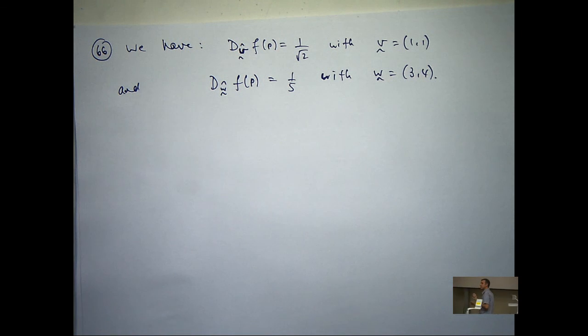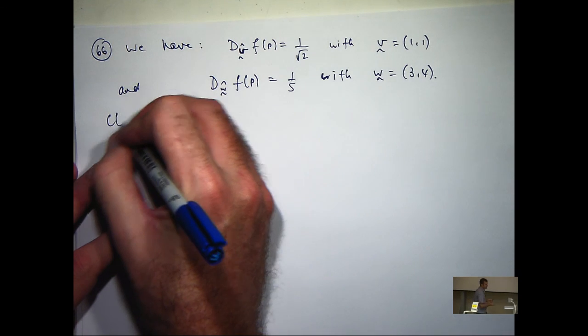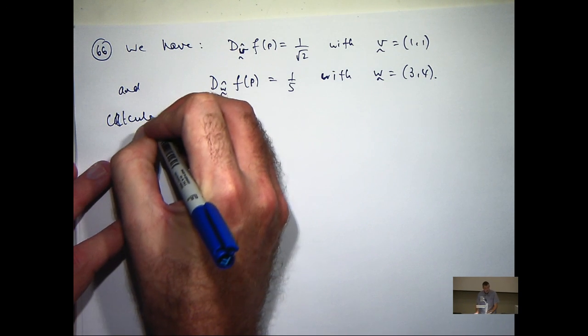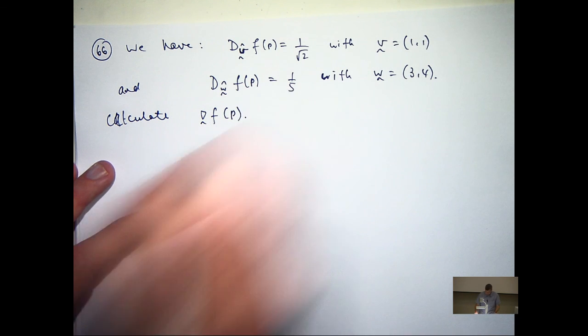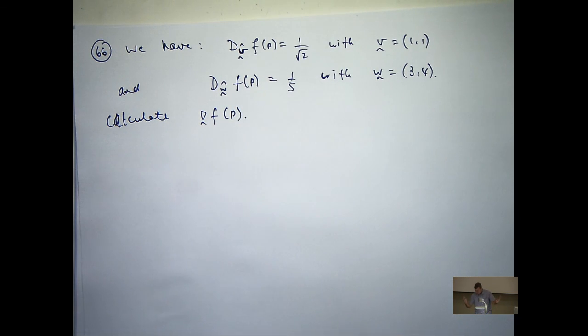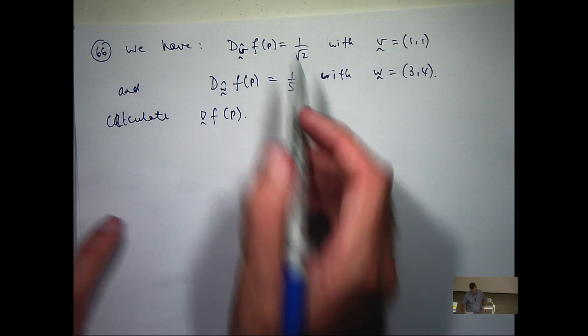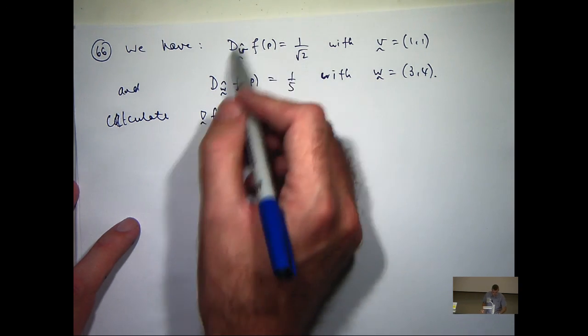So now what we're going to do is form 2 equations and 2 unknowns. The idea is to find this. All right, so let's look at the first piece of information.